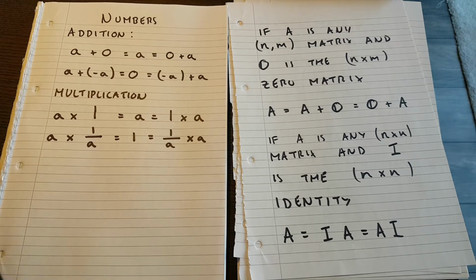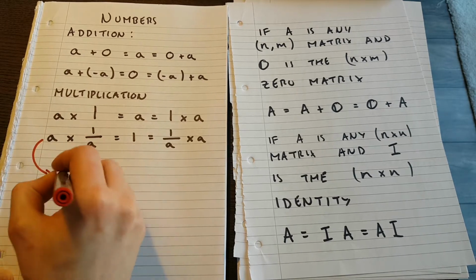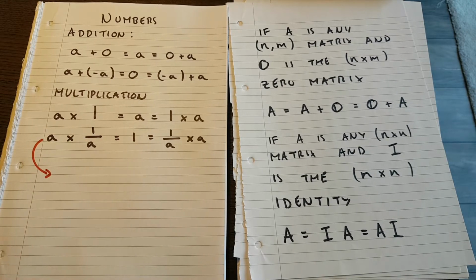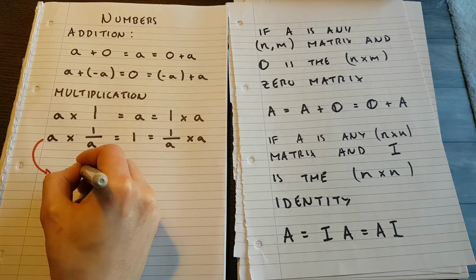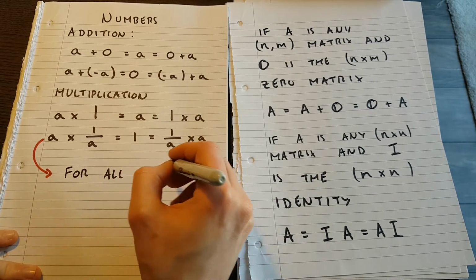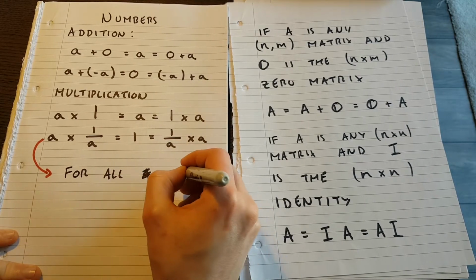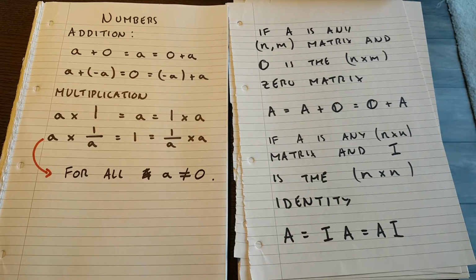This one is for all A, sorry, I should say for all lowercase a, which are not 0. Otherwise that doesn't make sense.